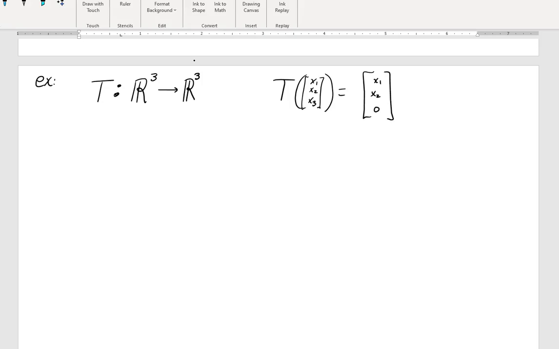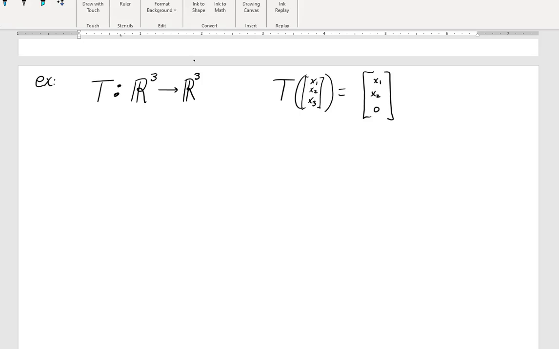I need to say the x3 coordinate instead of the z coordinate. If I call it the z coordinate, then I'm limited to 26 dimensions. That's just not enough. So this transformation is the act of zeroing out the third coordinate in the vector.